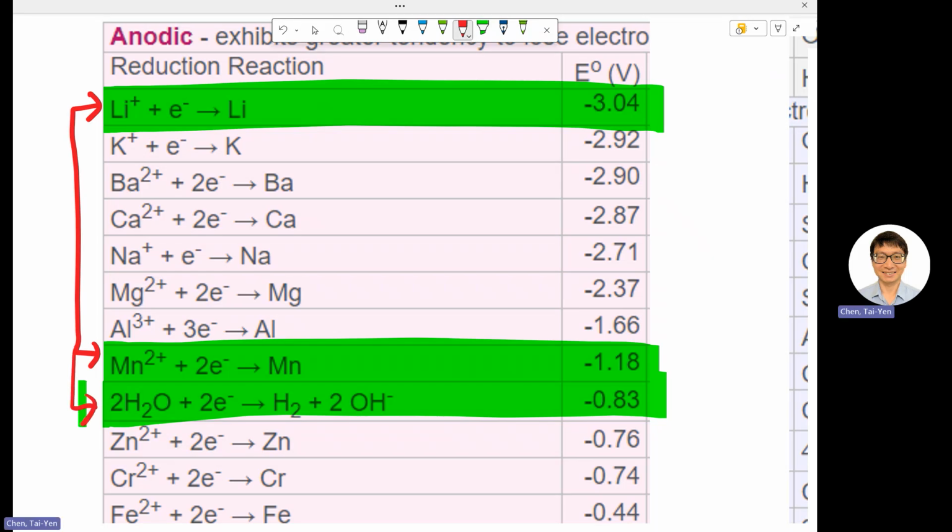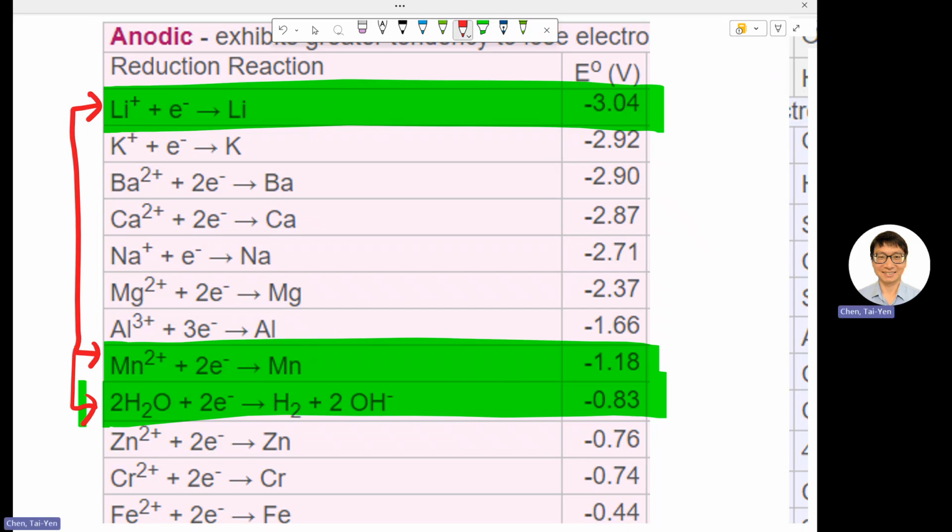Right now we have three. I have an aqueous mixed salt solution, meaning that I have H2O and Mn2+ and Li+. What's the product I will see when I do my electrolysis at the cathode? Yes, the answer will be H2.